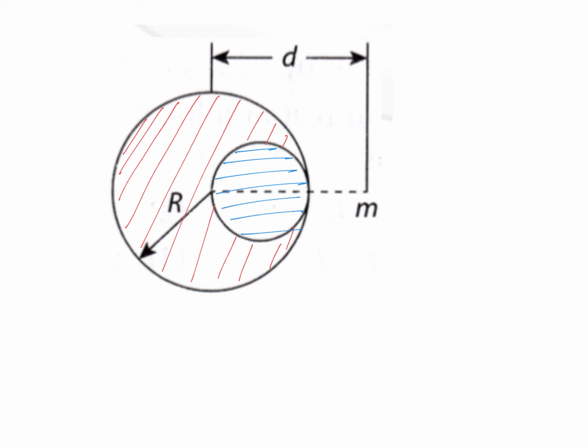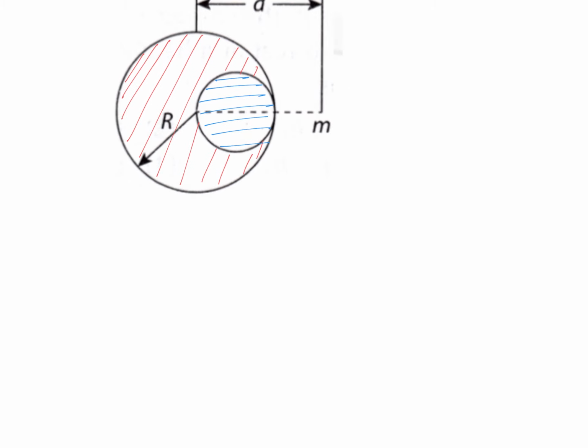is removed. Our aim is to find the gravitational force only due to the red shaded portion. But we don't have an equation to directly find it for such a shaded portion. So what we'll do is consider it as a solid sphere.